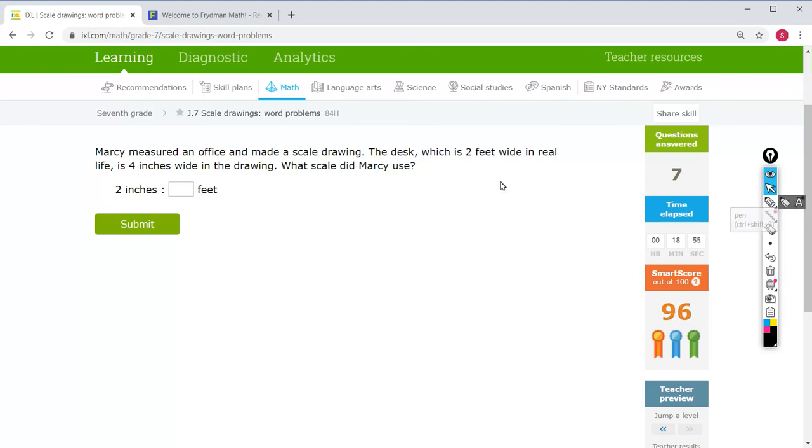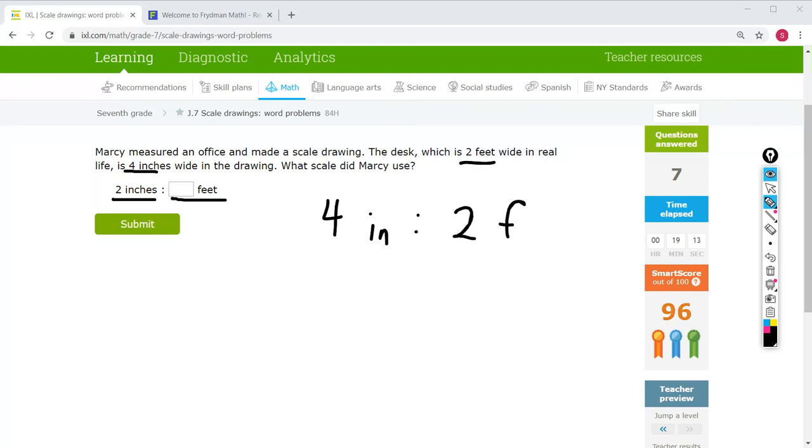So let's do that. We have inches on the left, we have feet on the right. Let's just keep it that way because it'll be easier. So I want 4 inches on the left, and I want 2 feet on the right.